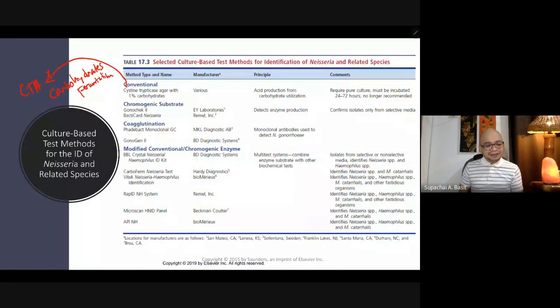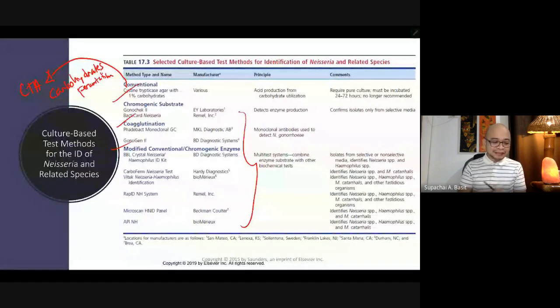But there are other more rapid tests, such as chromogenic coagglutination, modified conventional, and chromogenic enzyme tests. These are more expensive, but more specific, and they can confirm the presence of Neisseria gonorrhoeae.